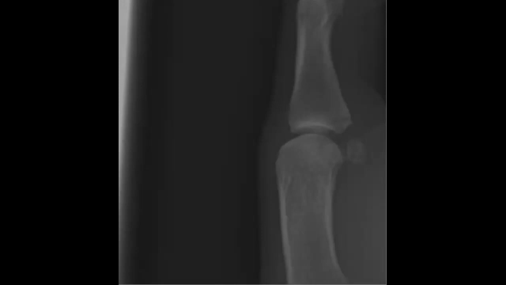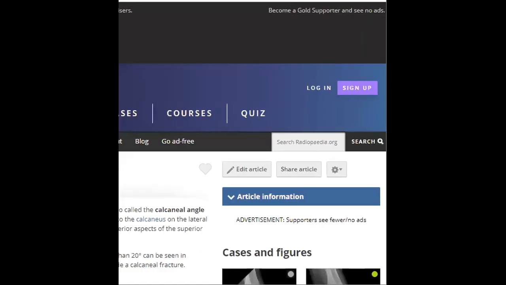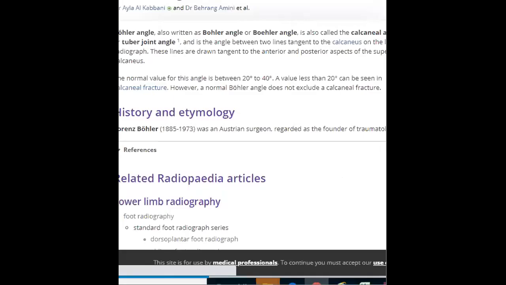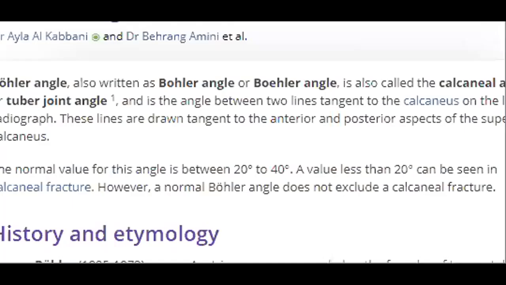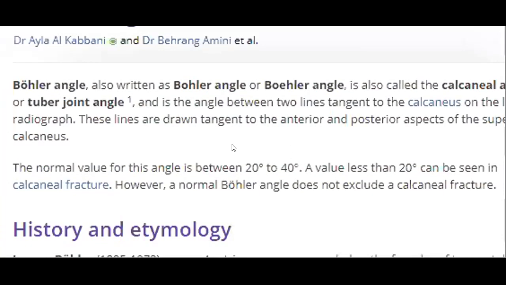Bohler angle, as you see, or the calcaneal angle. Normally it is between 20 and 40. If it is less than 20, then this is a calcaneal fracture. So this is the normal one.